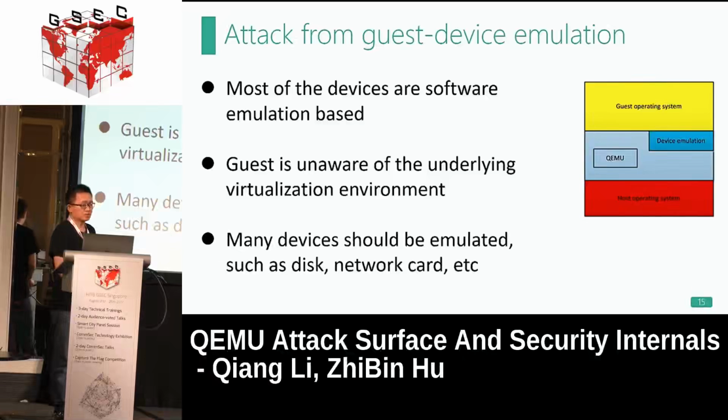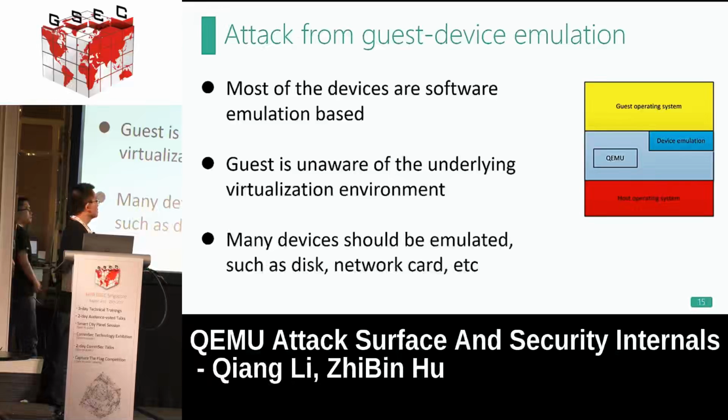Most of the devices in QEMU are software emulation based. This means that the guest is unaware of the underlying virtualization environment. For example, you can run Windows or Linux or others in the virtual machine. The guest OS just probes the devices as if it runs on real hardware.